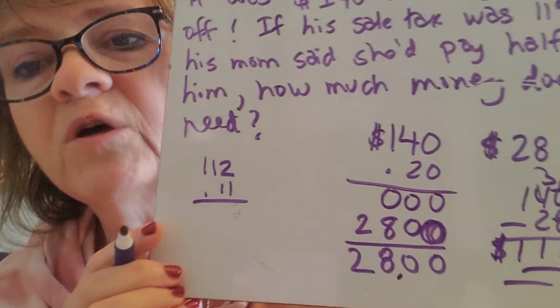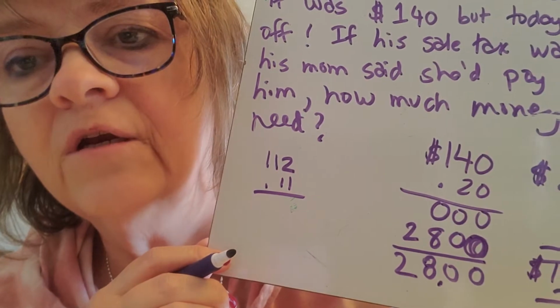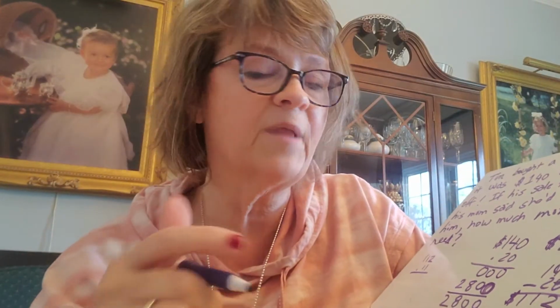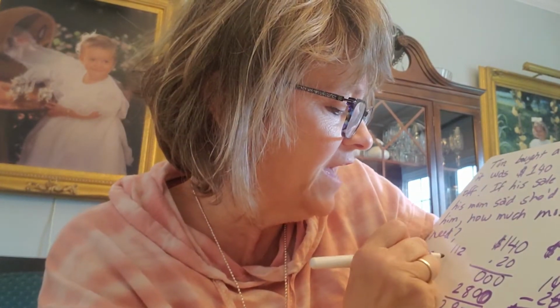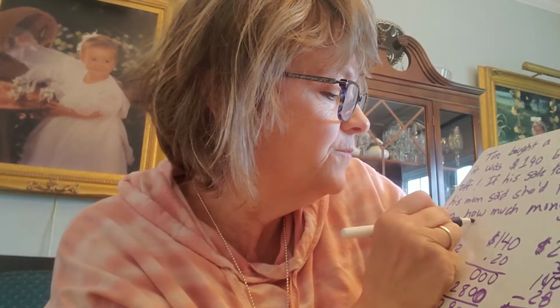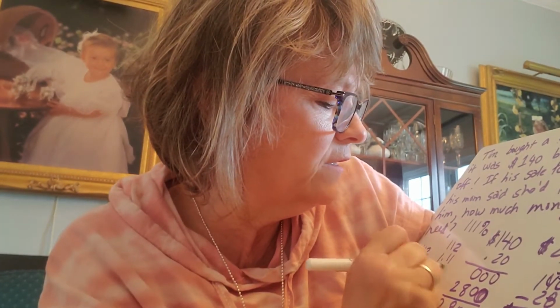That's an increase. So once we get the answer, we're going to add it on. Another way to do it is to multiply by 111%. 100% is the original price. 11% more is your increase. So 111% would work as well. 111% is really 1.11.